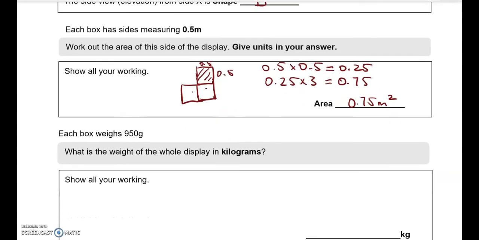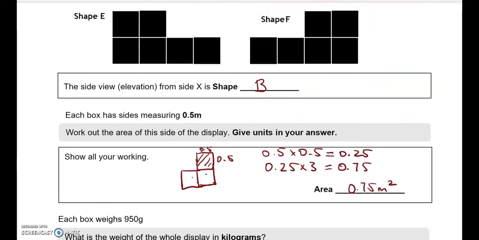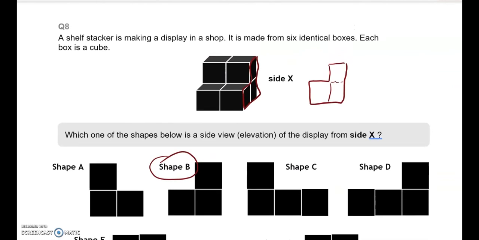Each box weighs 750 grams. What's the weight of the whole display in kilograms? Now we need to work out the weight in total. So we have 1, 2, 3, 4, 5, 6 boxes. So you can imagine 3 on this side and 3 on the other one as well.